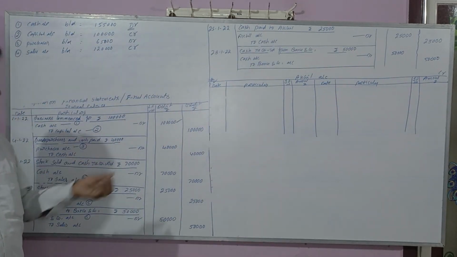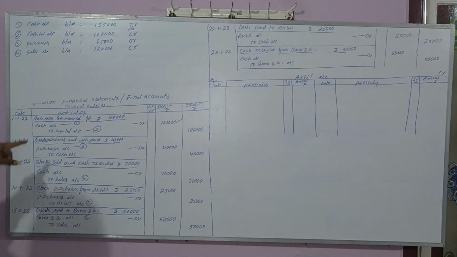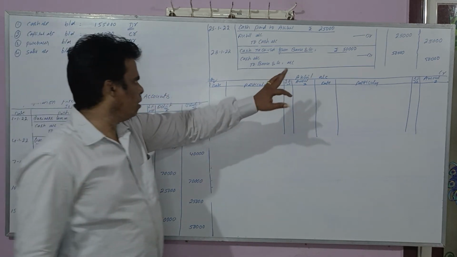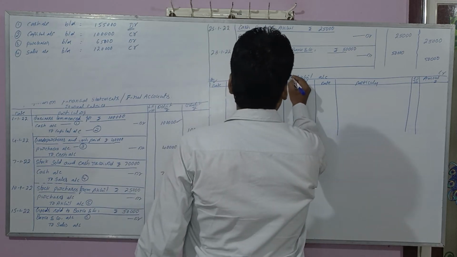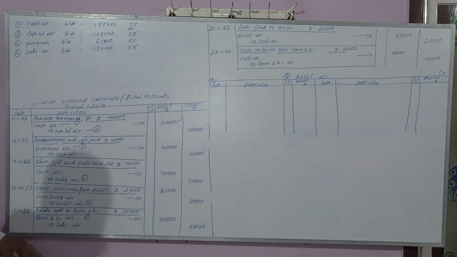So approach is same. The account title is Akil account. This is a fifth number account.